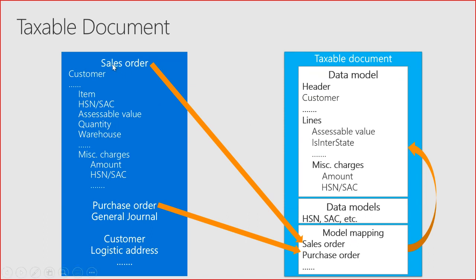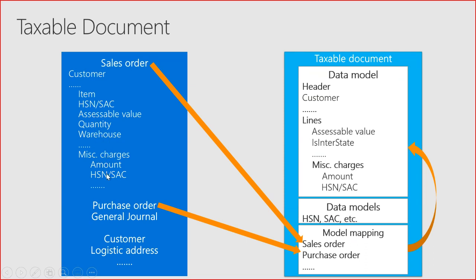As I said, for the sales order, right? We have customer in the header, and several other fields which are not relevant to tax. And we have item, in India we have HSN, SAC, we have accessible value, quantity, warehouse.